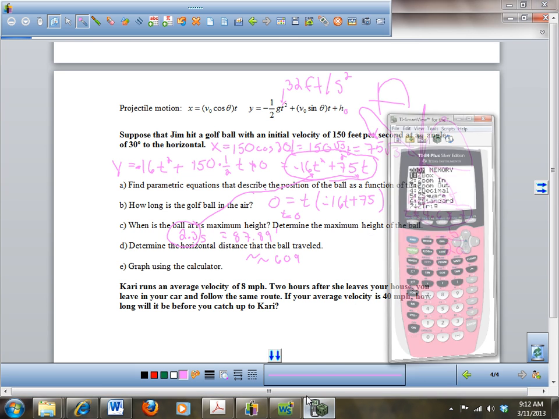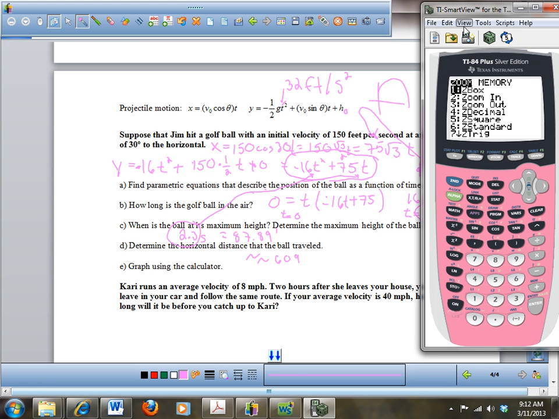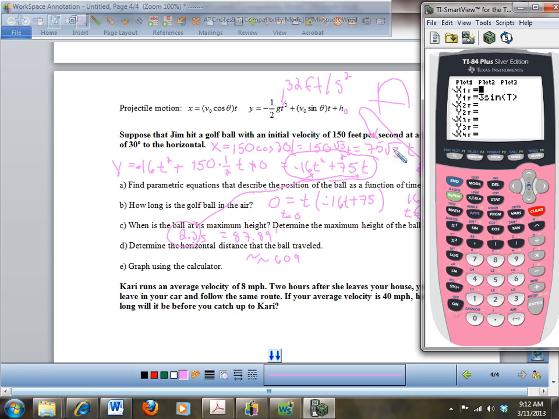To do this on your calculator, go to y equals. I'm going to clear this one, and in there I'm going to put in x equals 75 root of 3 times t.